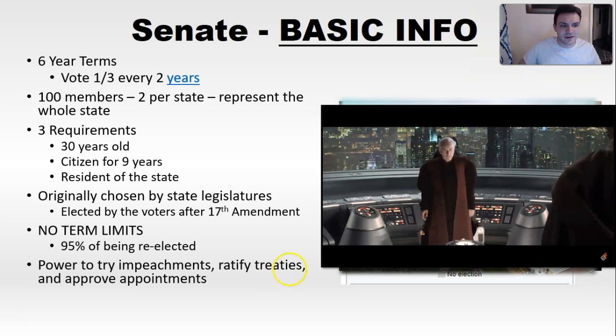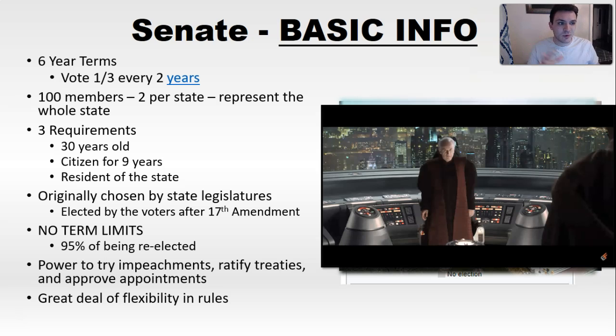All right, the last thing that we need to understand for basic information with the Senate, and this is different from the House of Representatives, because within the House, they operate by very formal rules because you have 435 lawmakers who are all trying to get things done. Within the Senate, because we only have 100 members, we have a lot more flexibility in terms of rules that exist within the Senate itself.